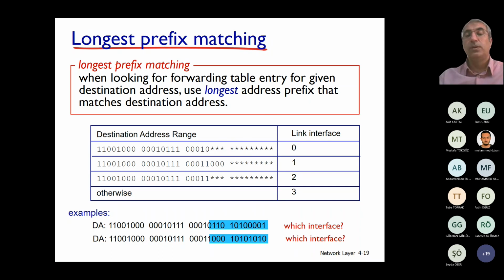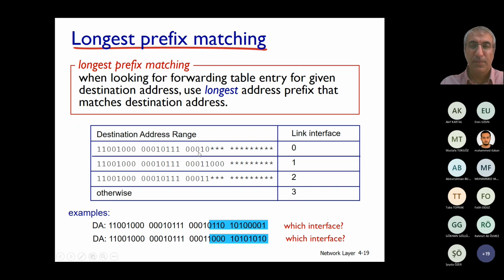When we look at the IP address and try to match it to the forwarding table, we use the longest address prefix. How does this work? As you see, we have two examples. The destination address in the IP header is this. So you're going to match the longest one.